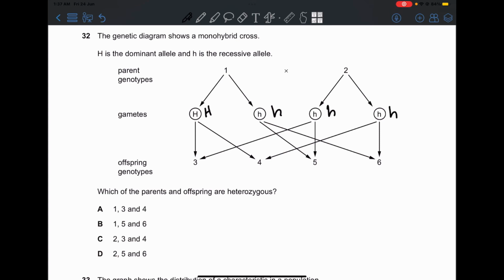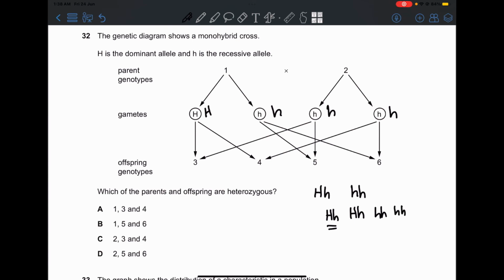So of course we're going to be crossing these together and seeing which of the offspring is going to give us heterozygous. Now the first offspring is going to be heterozygous, and the second one is also going to be heterozygous. The rest of them are going to be recessive.